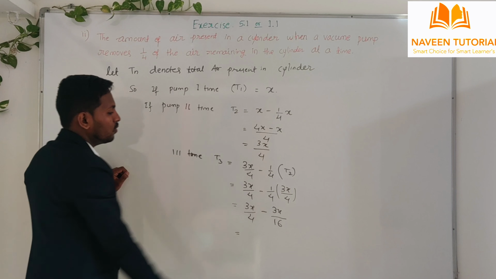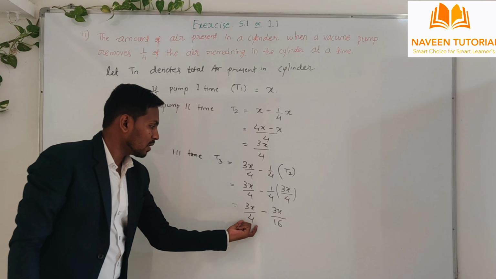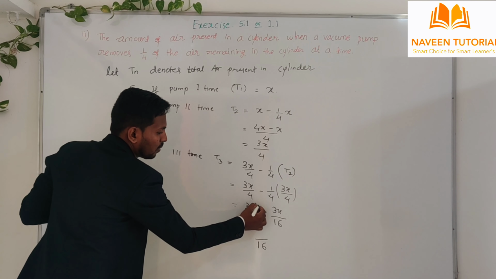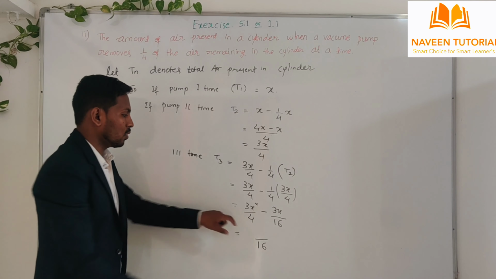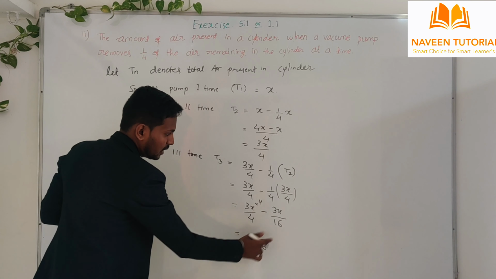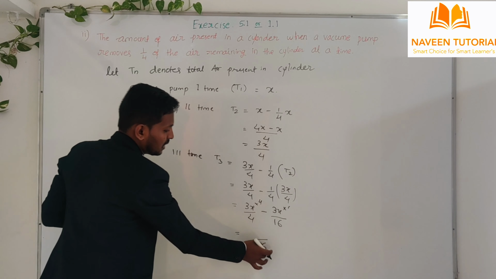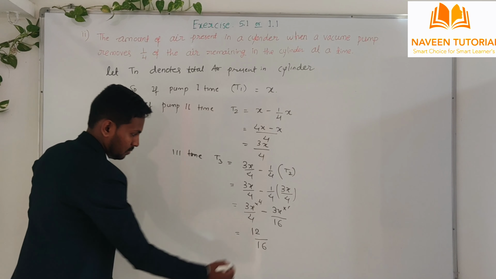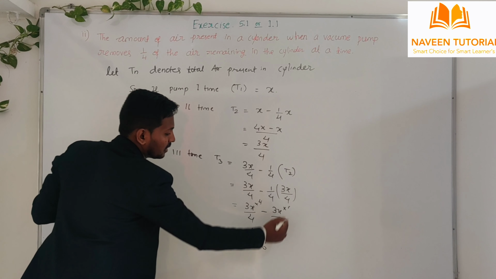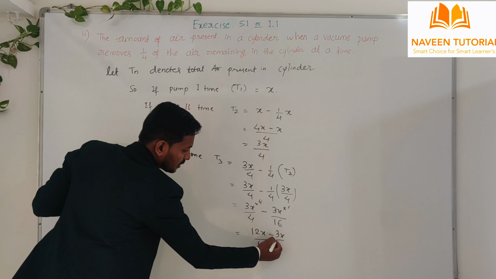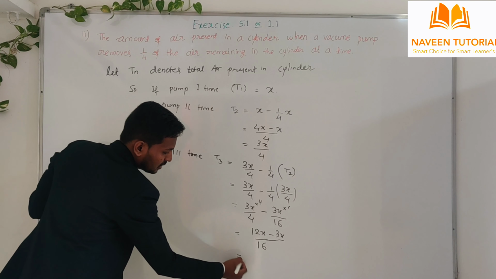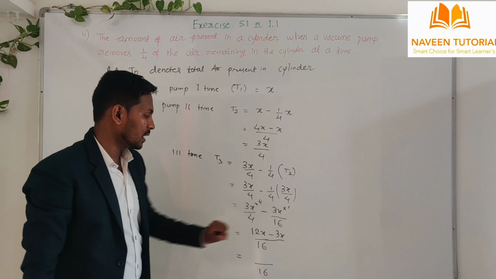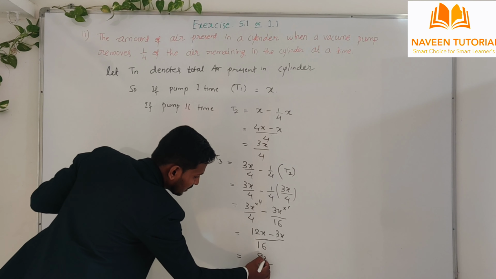Now we have to take the LCM. The LCM of 4 and 16 is 16. So we have to balance the numerator. 4 fours are 16, and 16 ones are 16. That is, 3x times 4 is 12x, minus 3x. In the next step, write down 16 as the denominator, and 12x minus 3x is 9x.